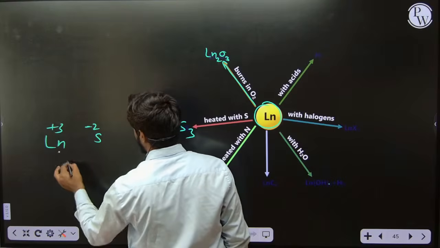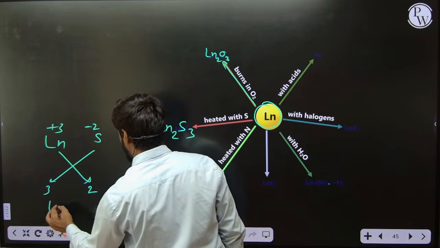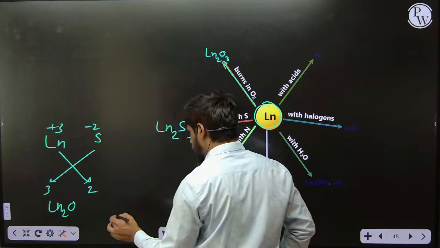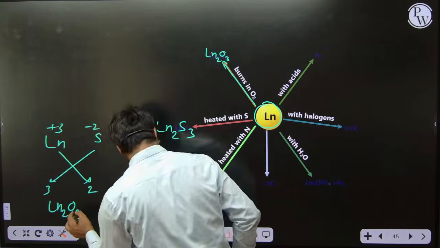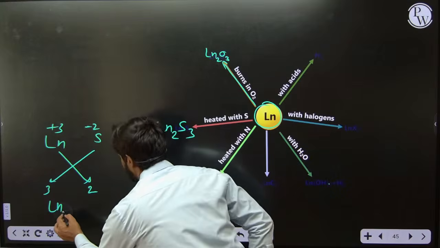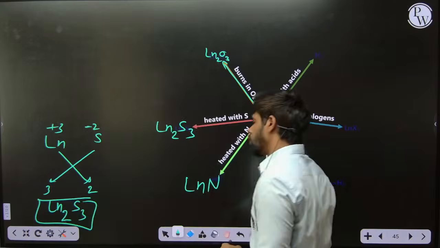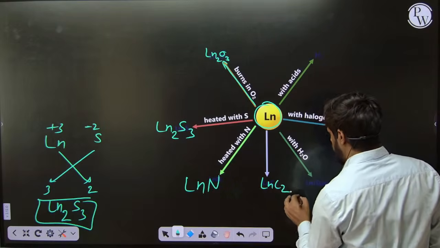Then we can do cross multiplication of their oxidation states. This is the formation of the formula of the compound. No, this is not oxide, this is sulfide. So Ln2S3. This is the way to form compounds of lanthanides. Carbide is there.